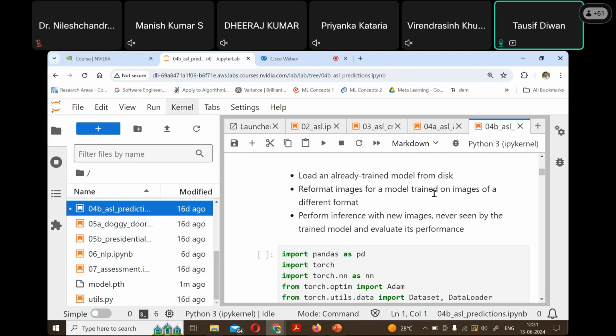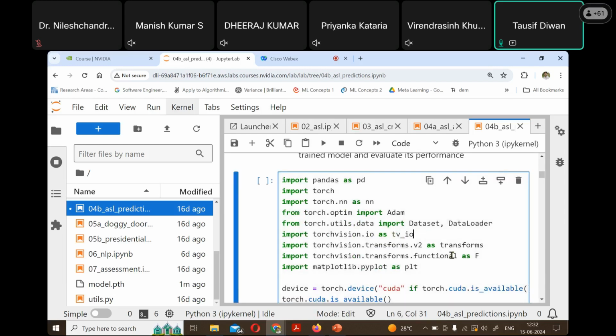Then reformat the image for a model trained on images of a different format. We should be very careful about what the model is taking and what it is producing. We should provide the input in that format or shape only. That's why we should first check carefully what input we are providing to the trained model and what it is generating.